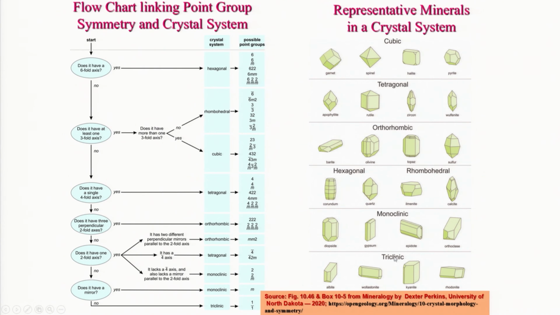And in case of the triclinic crystal system, we have albite, wollastonite, kyanite and rhodonite, and we also have studied microcline in the triclinic crystal system. When we discussed the crystallographic orientation, I showed you that microcline, a variety of potash feldspar, also comes under the triclinic crystal system.